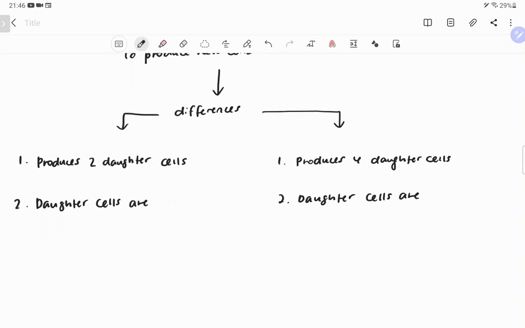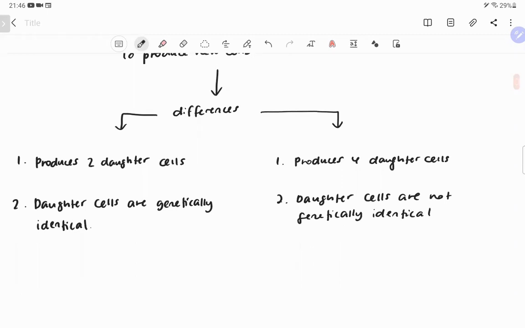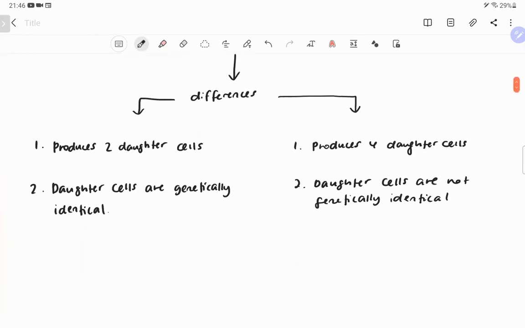Change that a bit, okay? The other one is daughter cells are not genetically identical. Okay, so the third one is that in mitosis, cell division happens only in one cycle.